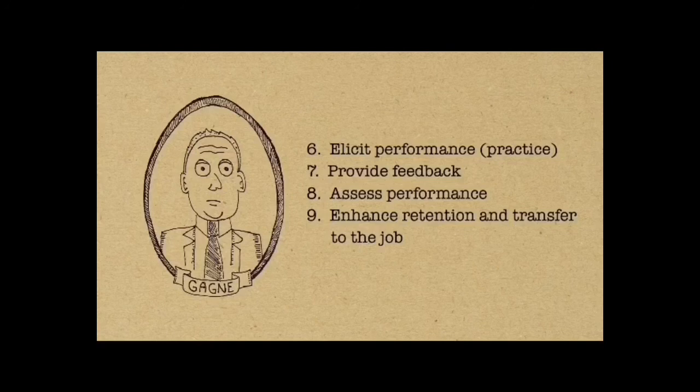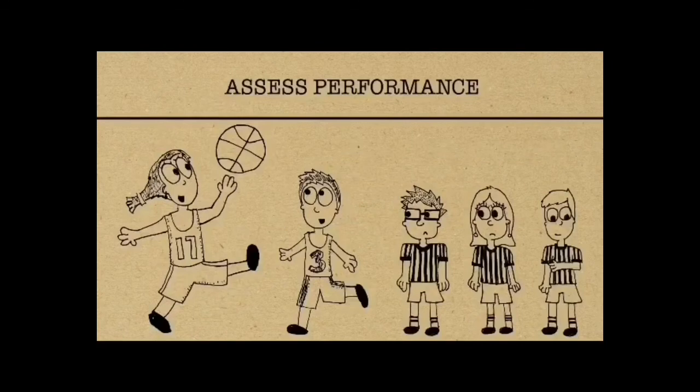Or perhaps your objective in Event 2 was for your learners to be able to use the signals when making calls during a basketball game. To assess this, you would have to plan to have some people playing basketball for them to make calls with. To simplify it, you could have the trainees take turns playing and making calls.